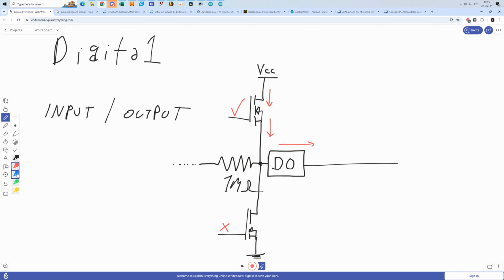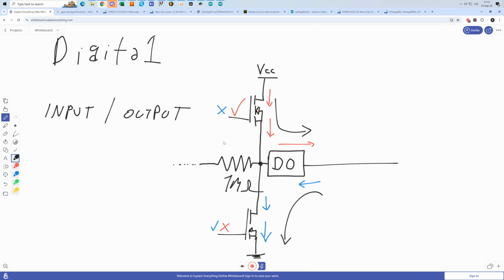Now, if you do the opposite thing, if you configure logic low, well, this one will be turned off. And now this transistor is going to be open, and so the current will flow this way, right? So the output state of a digital pin basically either sources or sinks the current.